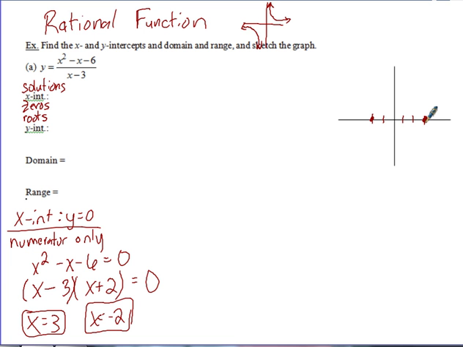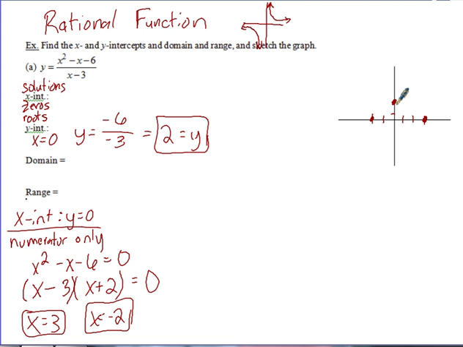So for my y-intercept, when x is equal to 0, what do I get as my y? If this is 0 and this is 0, what's left? So you get a -6 over, if this is 0, what's left? -3. Can I reduce or simplify that? 2. This is just a +2. So my y-intercept is a +2. So I know up here, it's going to be a +2. We good?